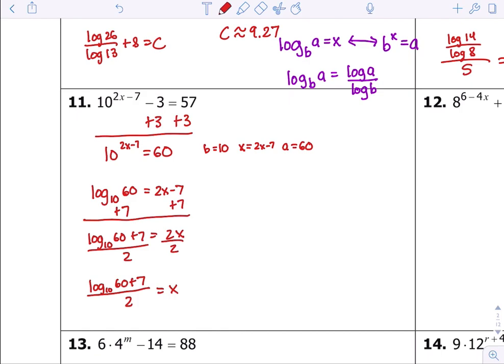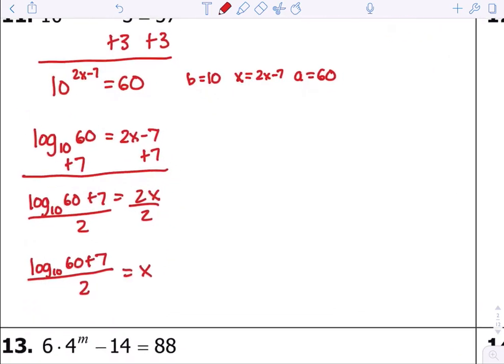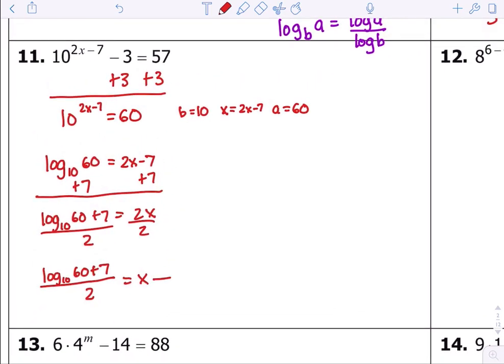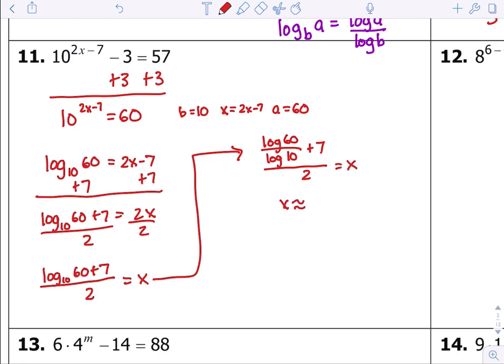Okay, so now we gotta change those logs to be in change of base formula. So log of 60 over log of 10 plus 7, all divided by 2 is equal to x. So x is roughly gonna be around, remember, do logs first, then add the 7, then divide by 2.